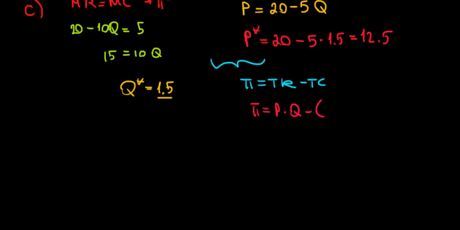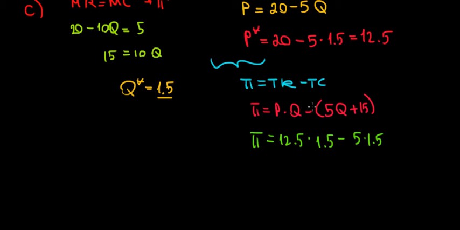So in our case, profit would equal the price of 12.5 times the quantity of 1.5, minus 5 times q, that's 5 times 1.5, and minus 15. And if we work out the math over here, we would have as a result minus 3.75.